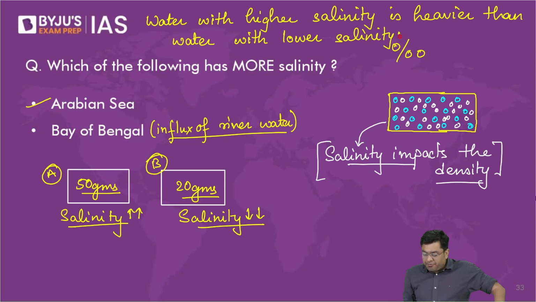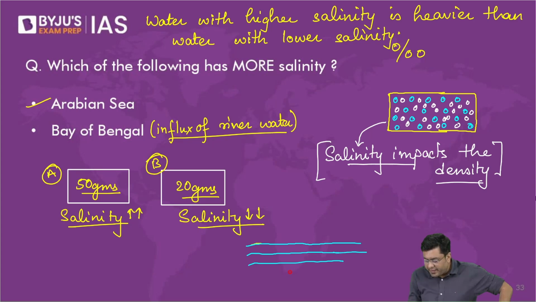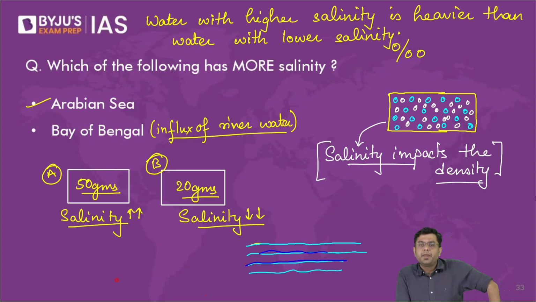Fair enough. Now, let's suppose I have a region or an oceanic area where I have the presence of both less saline and more saline water. Now, will they readily mix with each other, or will the lighter water float?